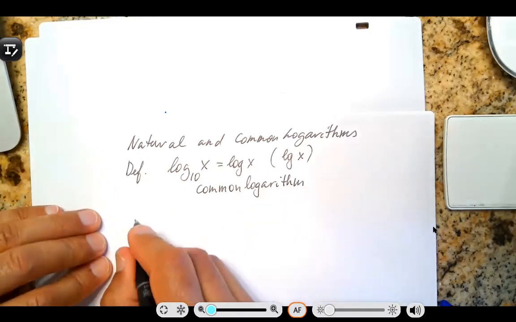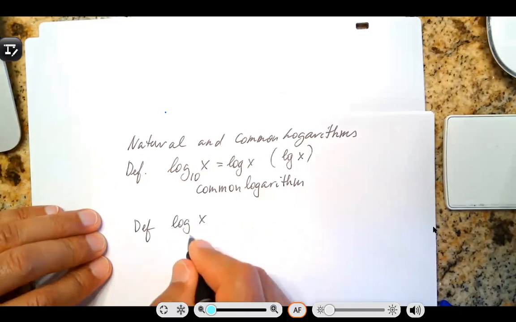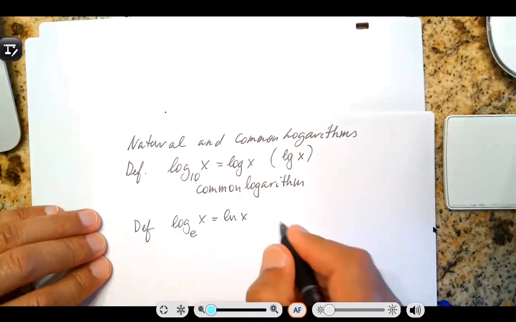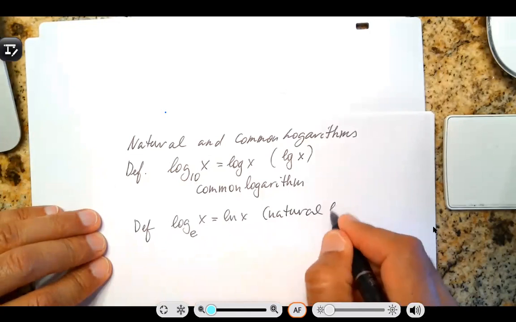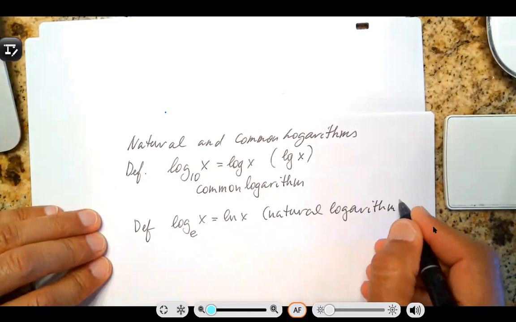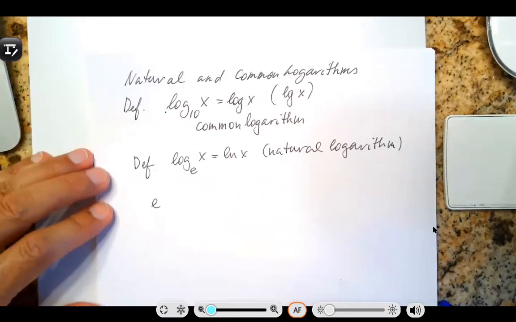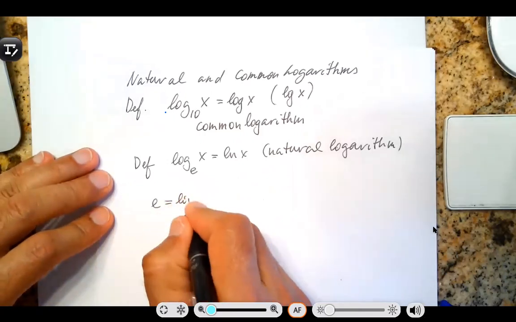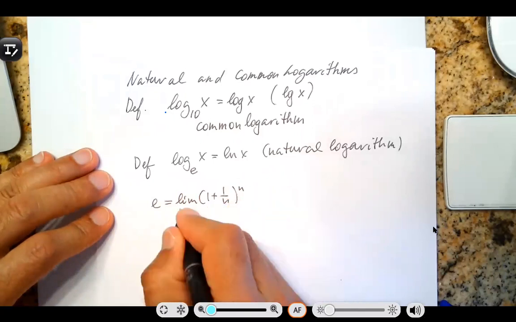Here is the next one. Logarithm x base e is called natural logarithm. This number is e. It is defined as the limit of 1 plus 1 over n to the power of n as n goes to infinity.